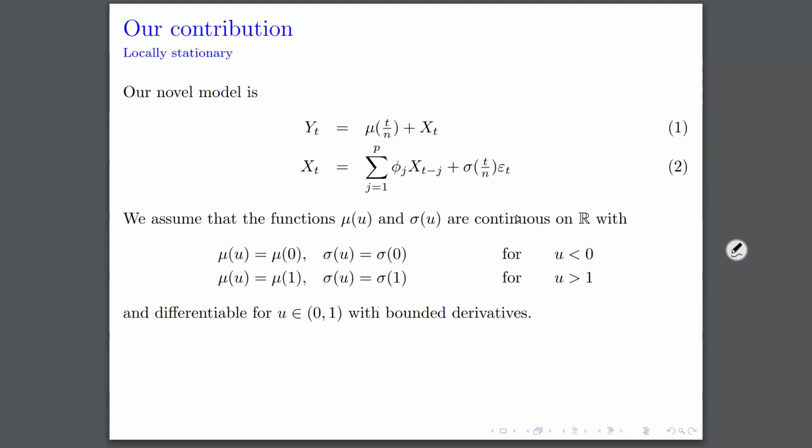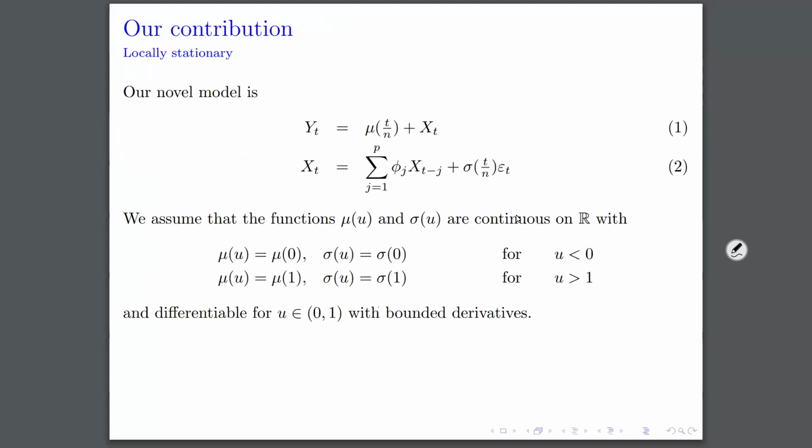To start with, the so-called stationarity in a time series means that the statistical properties of a time series remain asymptotically constant over time.